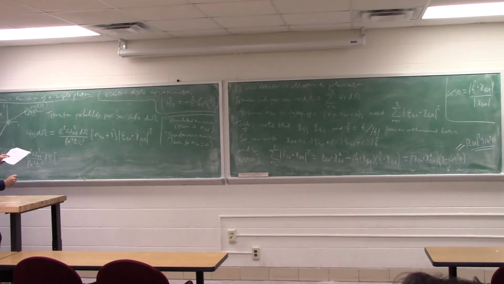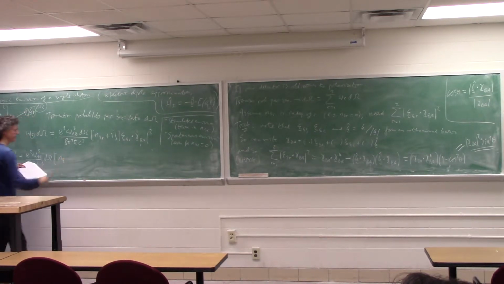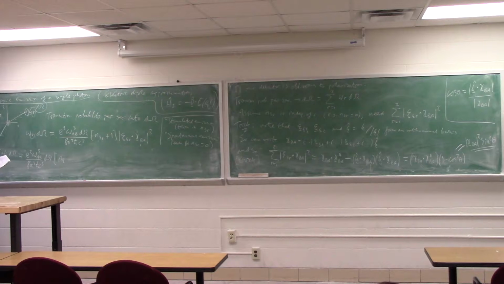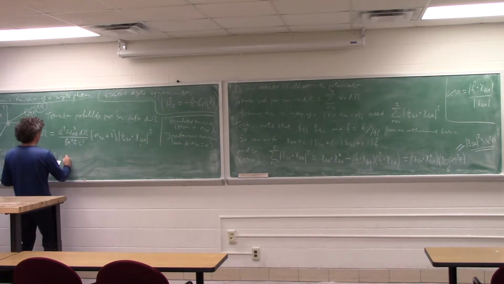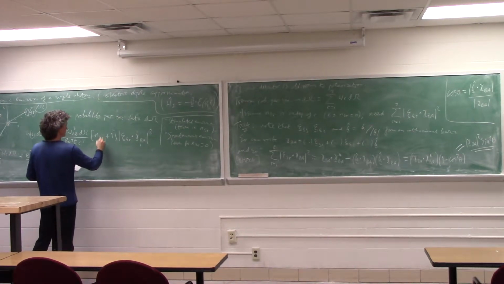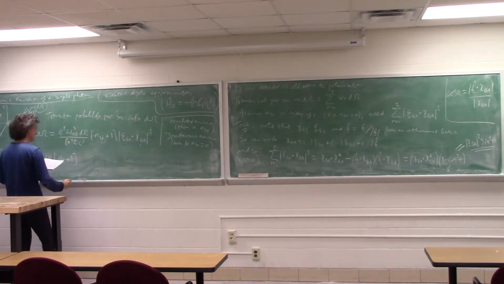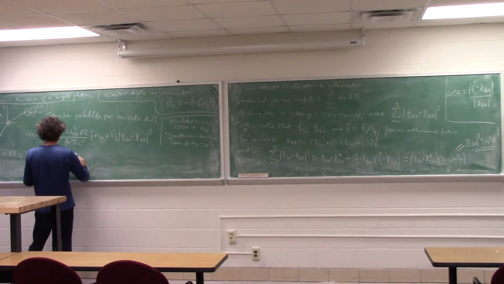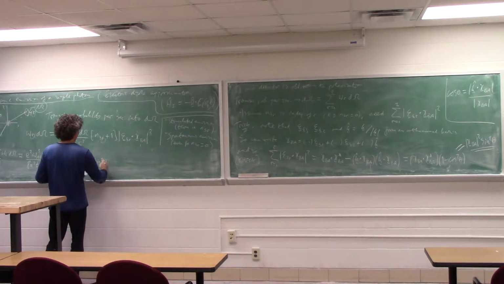I'm gonna write nk. The book writes as if nk depends on r, but it actually assumes it doesn't when it does this sum. So let's assume that this is independent of r. So the sum over r was just in here, and here there is a term xba squared sine squared theta.